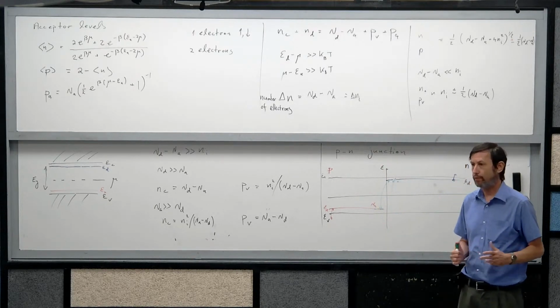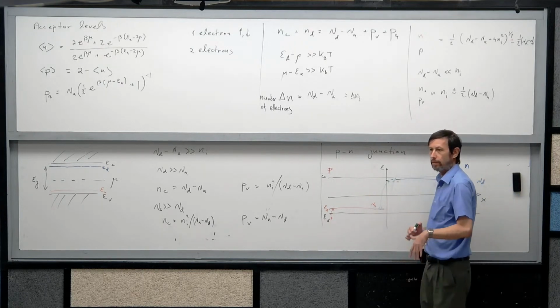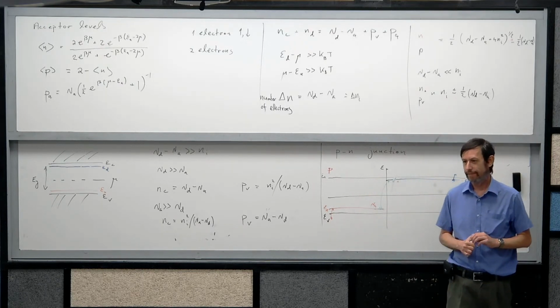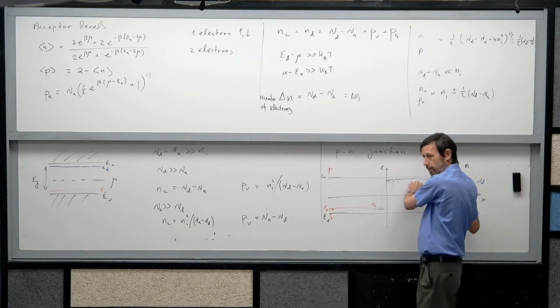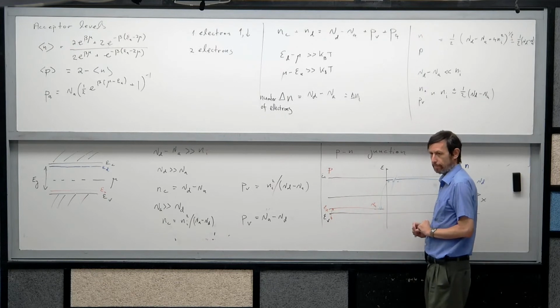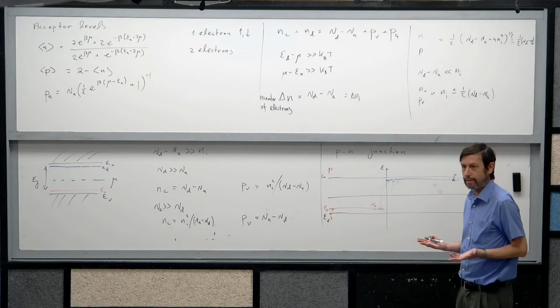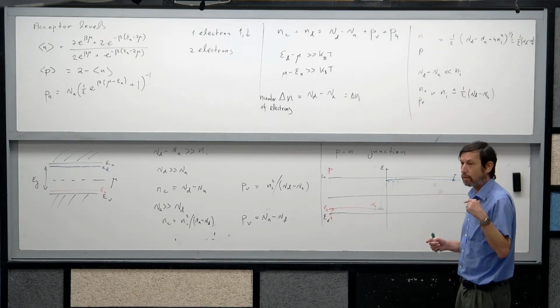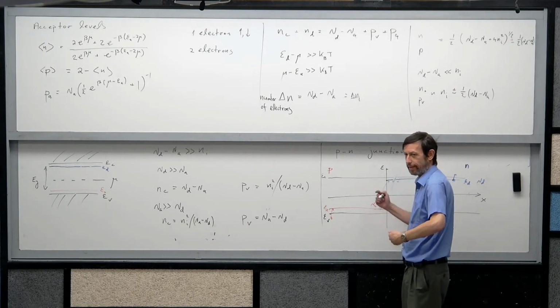Will that go on forever? Meaning, will I empty this whole band? No. Why not? It's not because of the finite number of holes. Will I empty all the holes into this part? No. Because I forgot an effect here. I'm leaving positive charge, filling this up with negative charge.